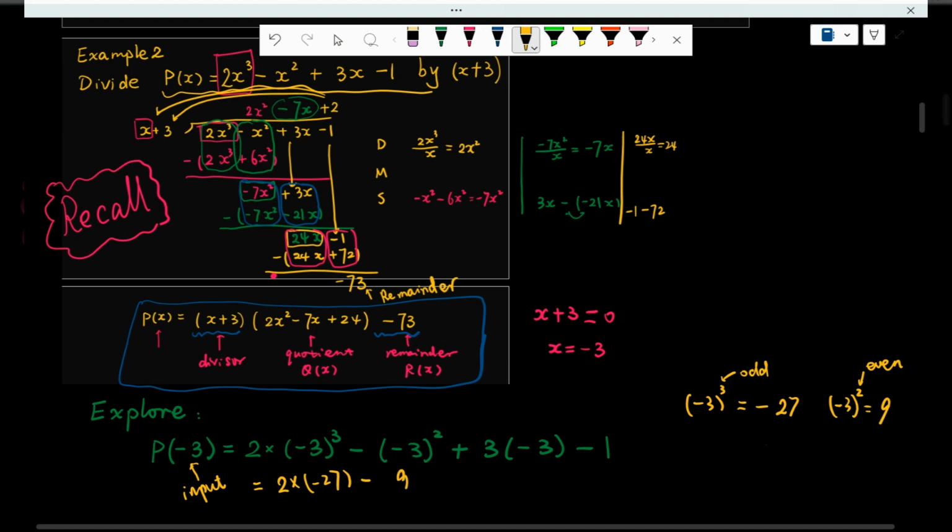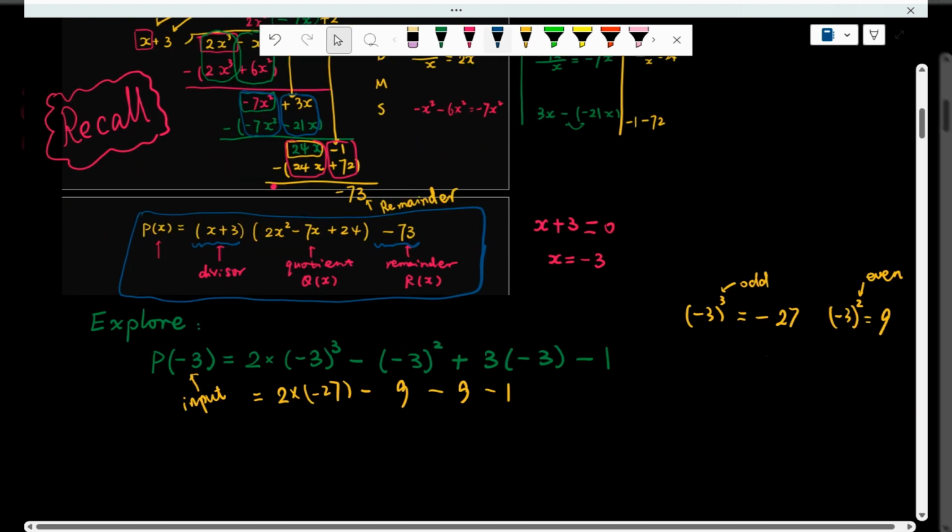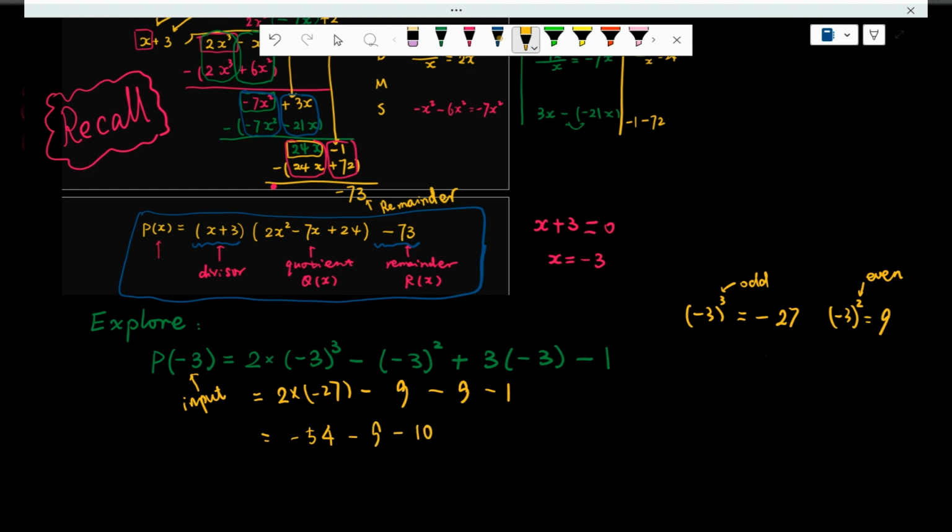Therefore, we have positive 9. Similarly, we will have minus 9 and minus 1. The result will be: add the first two, and we will have negative 63, and then minus 10. The final result is negative 72.